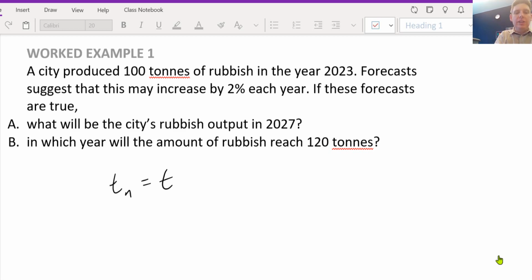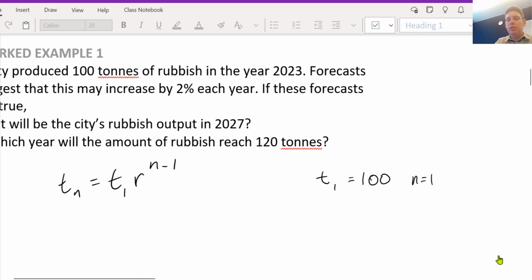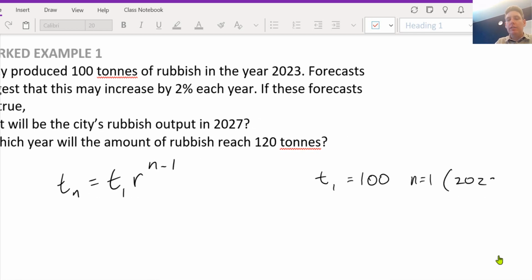This is the equation. Remember this equation? So, in the first year, what is the amount of rubbish? 100. So that makes N1, 2023, right?